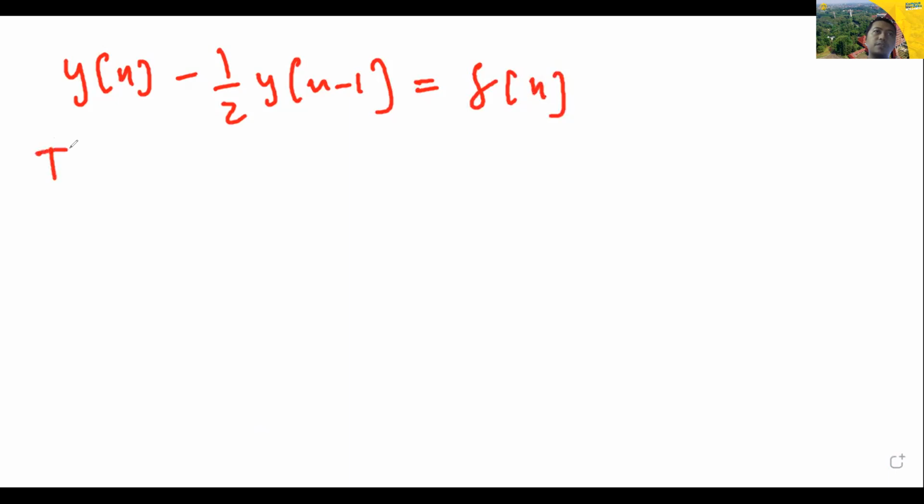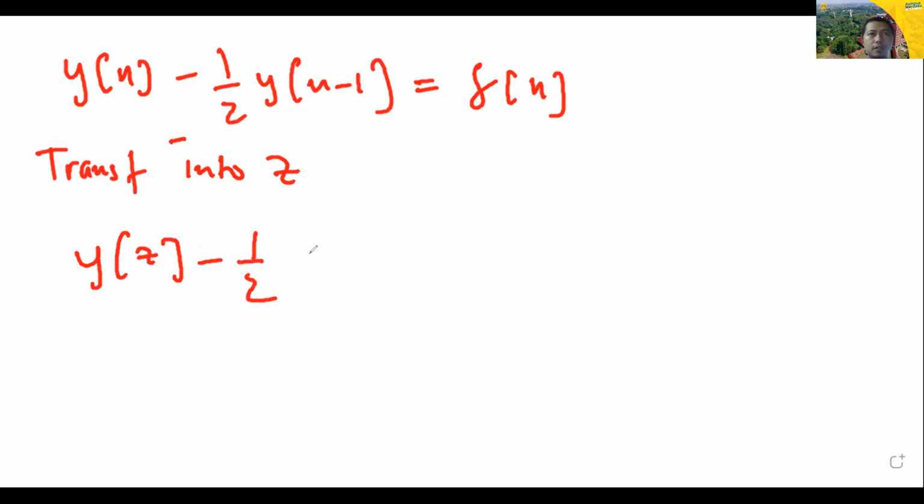Then we transform this equation into z, and it becomes Y(z) minus half Y(z), because the delay is 1, multiplied by z to the minus 1, and the z transform of delta n is 1.